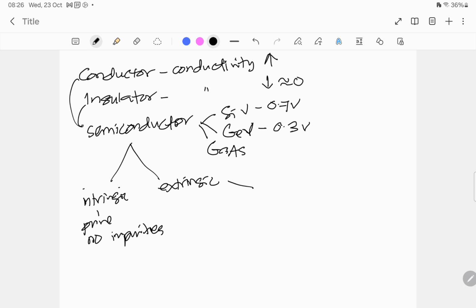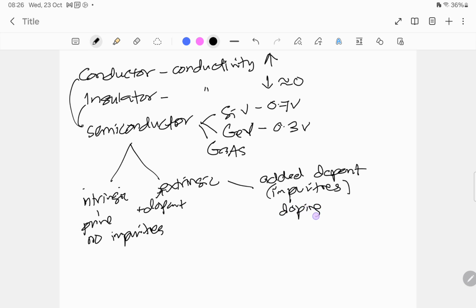Added dopant or impurities. Meaning that from intrinsic, when we add dopant, it becomes extrinsic. Through what process? Doping process.